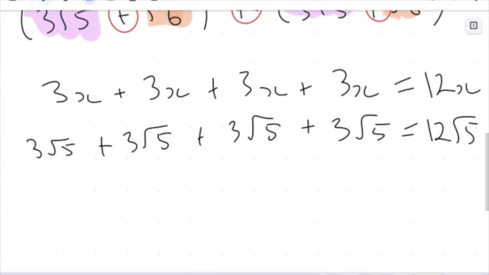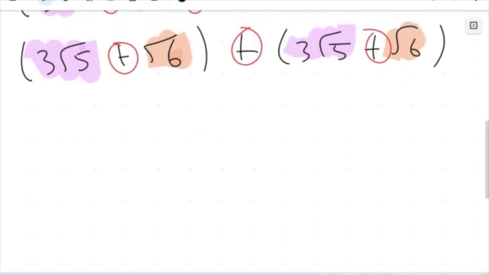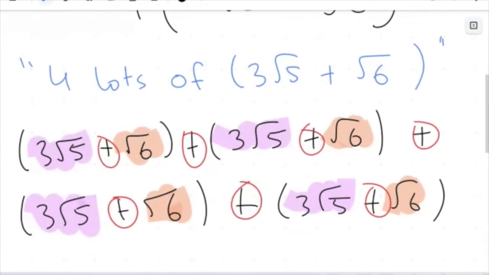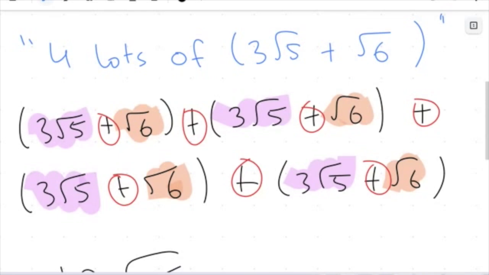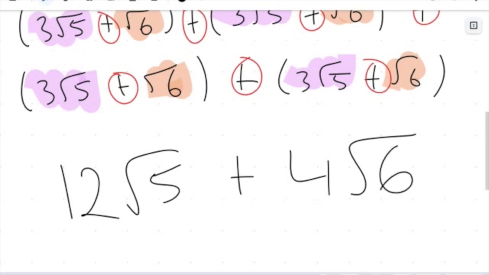Therefore, if I add my like surds with root 5 together, that's going to give me 12 root 5. And my root 6s all adding together, I have 1, 2, 3, 4 root 6s. So if I add those like surds, that's going to give me 4 root 6.